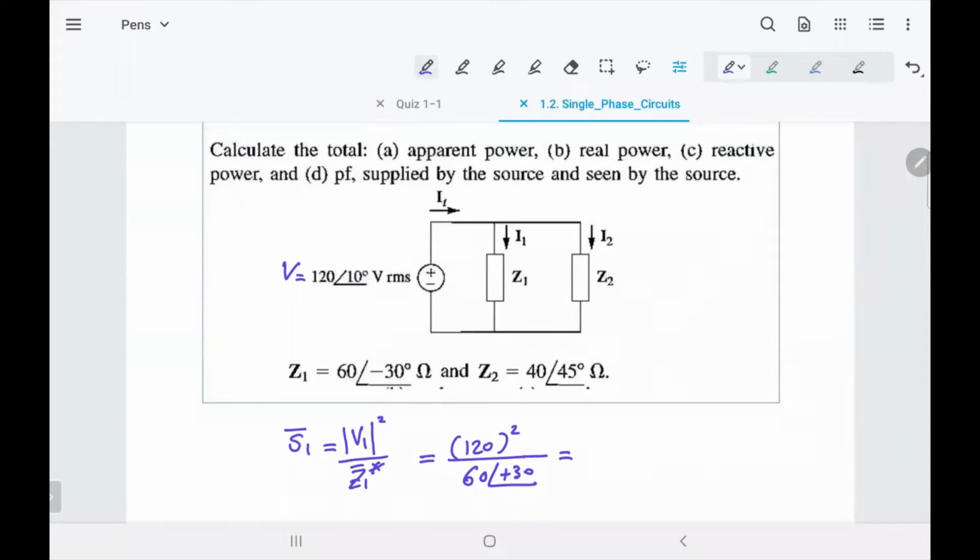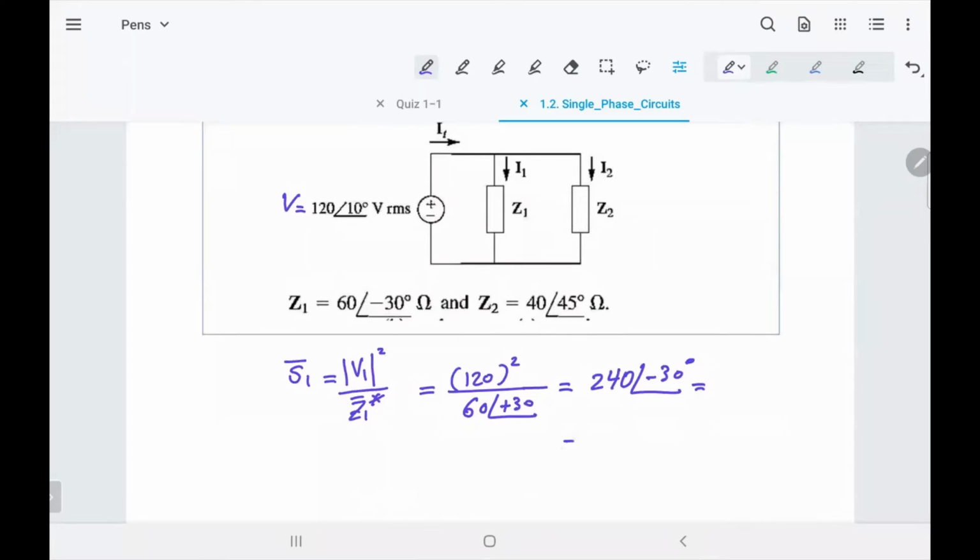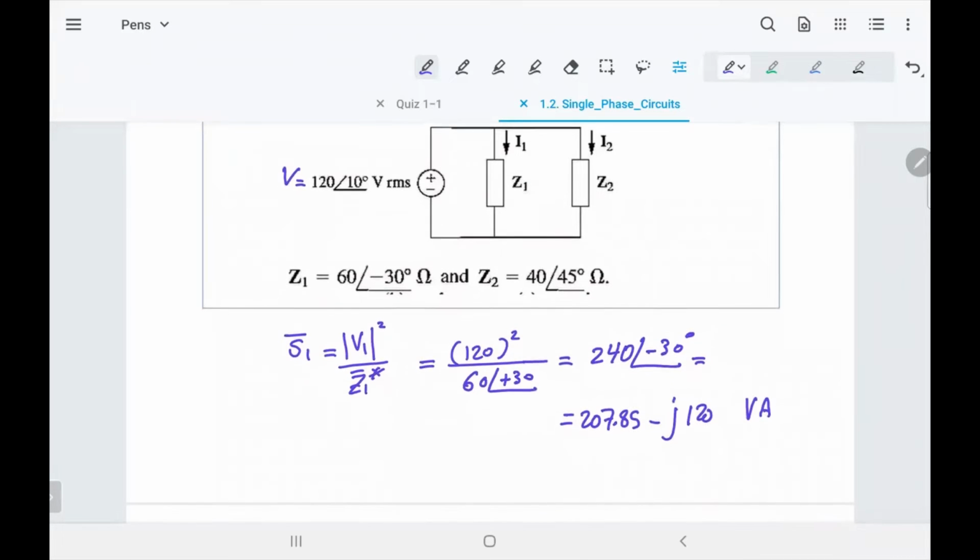So that's the way you're going to calculate it. I got it, it'll be 900 at an angle of negative 30 in polar form. It's better to convert it to rectangular form. So I got 207.85 minus j120 volt-amperes. That's the way you calculate S1, the complex power drawn by the first impedance.